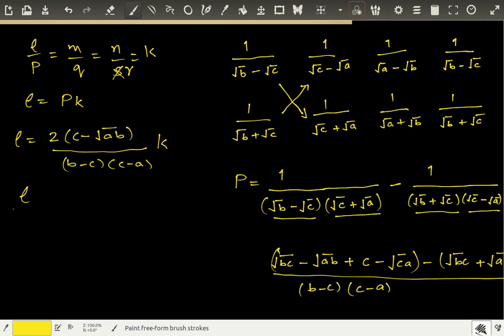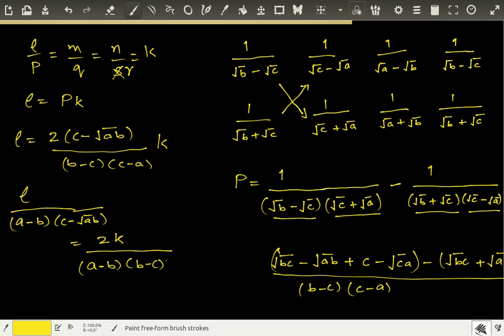So l over a minus b times c minus root ab will be equal to 2 times k over a minus b, over b minus c, over c minus a.